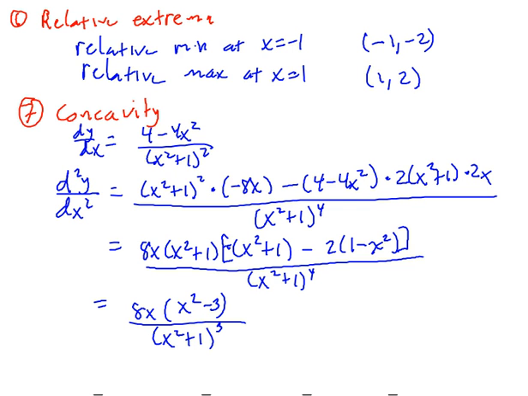Now, again, to find the intervals of concavity, we've got to see when the second derivative is 0 or undefined. Just like before, the second derivative is never undefined, so we just have to see when it is 0. The second derivative is 8x times (x squared minus 3) over (x squared plus 1) to the 3rd.